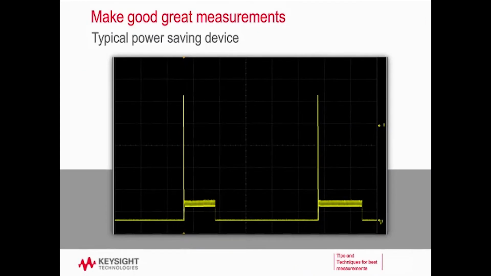This is a power saving system. So you can see here on screen, this is a typical power saving device. I have this sleep state where my device is basically going into a sleep state to save power. I don't want to have anything running. I just want it to be as low power consumption as possible.